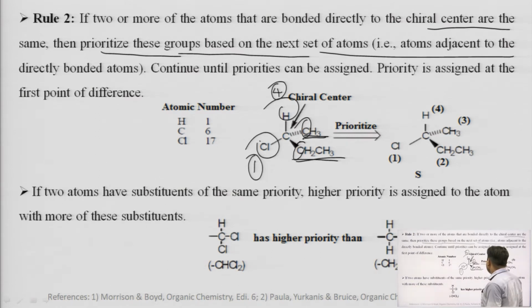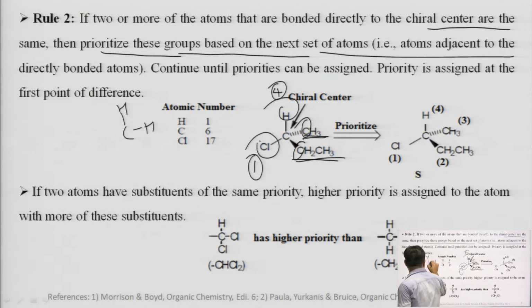So, at that time we have to see what the adjacent atoms attached to those carbons are. Here this methyl carbon is attached with 3 hydrogens. Okay. This ethyl carbon is attached with 2 hydrogens and 1 methyl group.